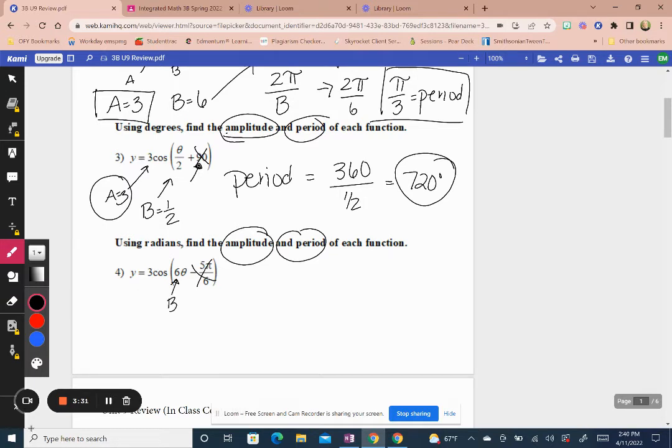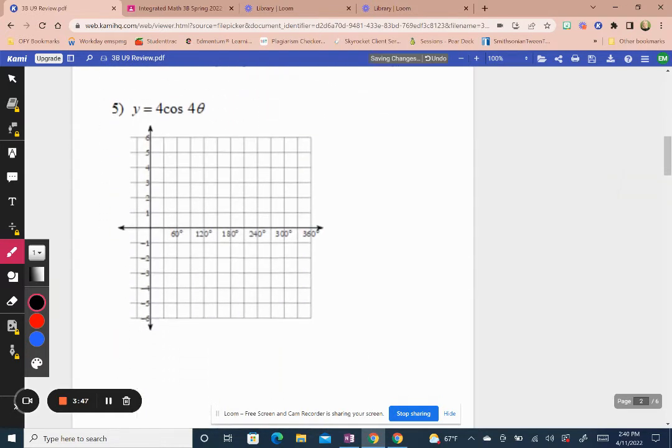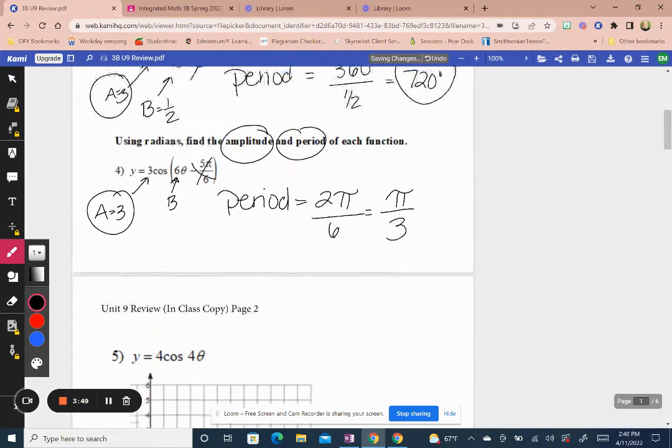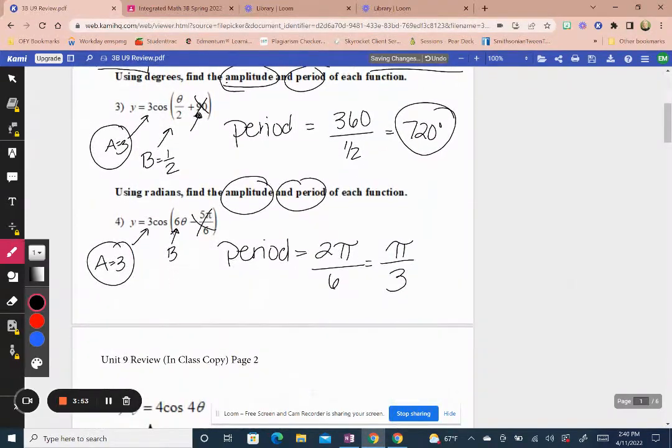This is going to be your B. A is equal to 3. Same thing as before. Period is equal to 2 pi divided by 6, which is pi over 3. Great. So with these, just finding the A and the B is going to help you find your period, okay?